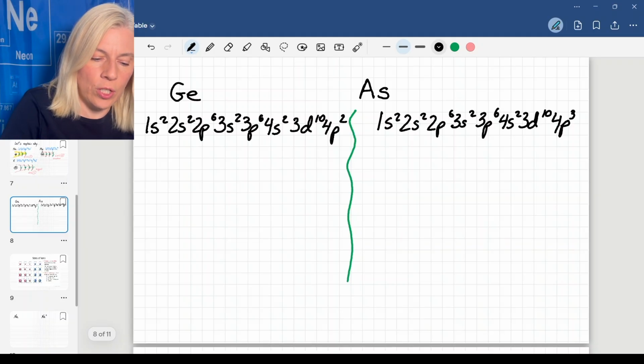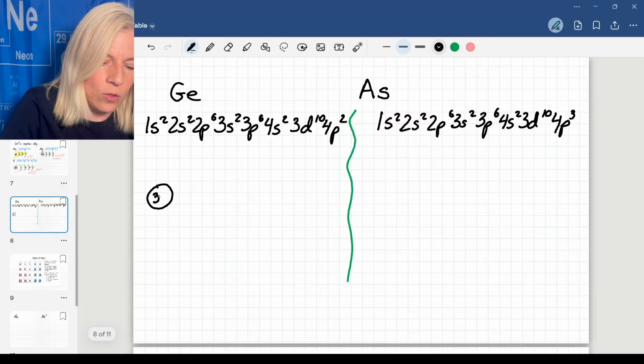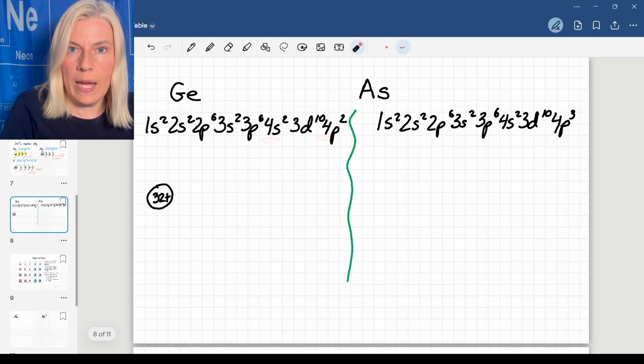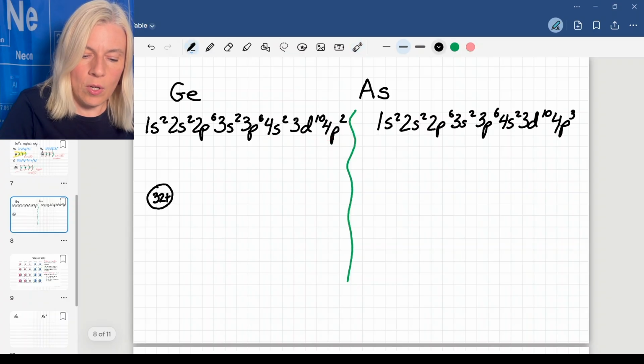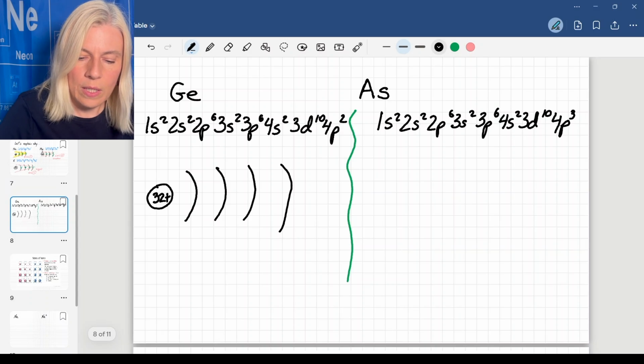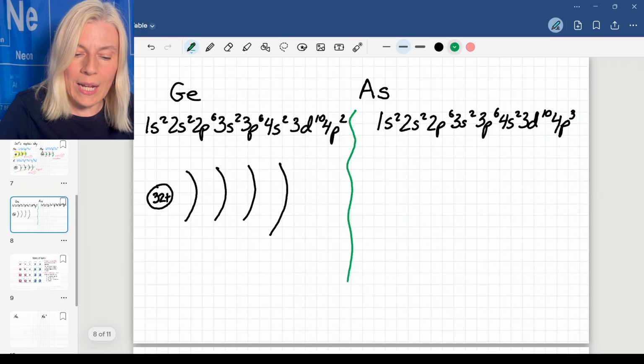All right, so let's draw our picture. Germanium has 32 protons, and I'm going to go up to 4. This is my highest energy layer. So I'm going to do 1, 2, 3, 4, and I'm going to put electrons in.